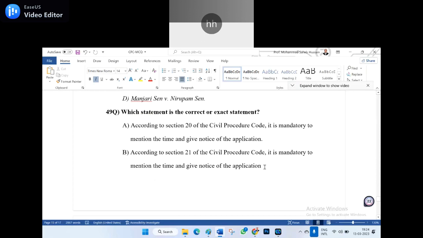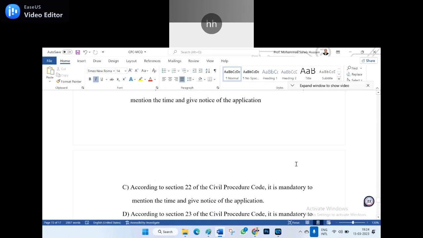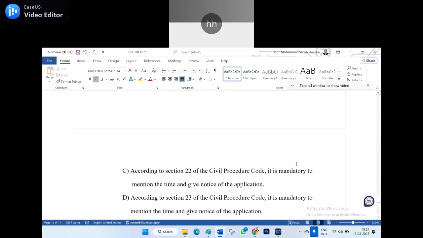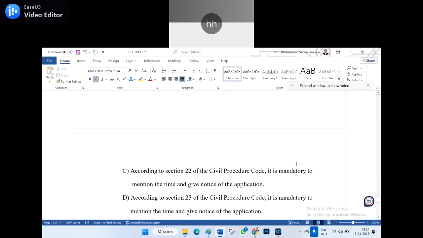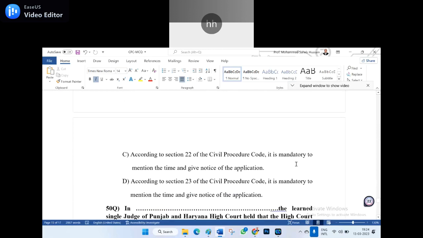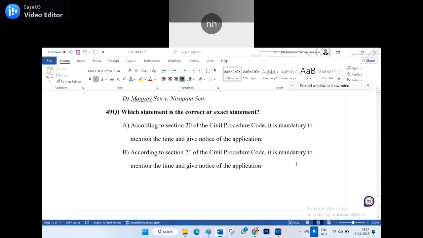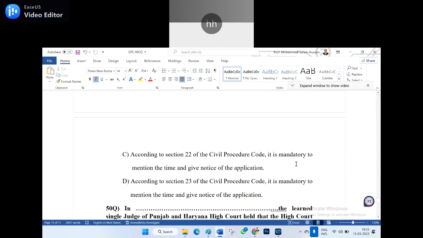C. According to Section 22. D. According to Section 23. The difference is Section 20, 21, 22, 23. In which section of the CPC is it mandatory to mention the time and give notice of the application? Is it 20, 21, 22 or 23?